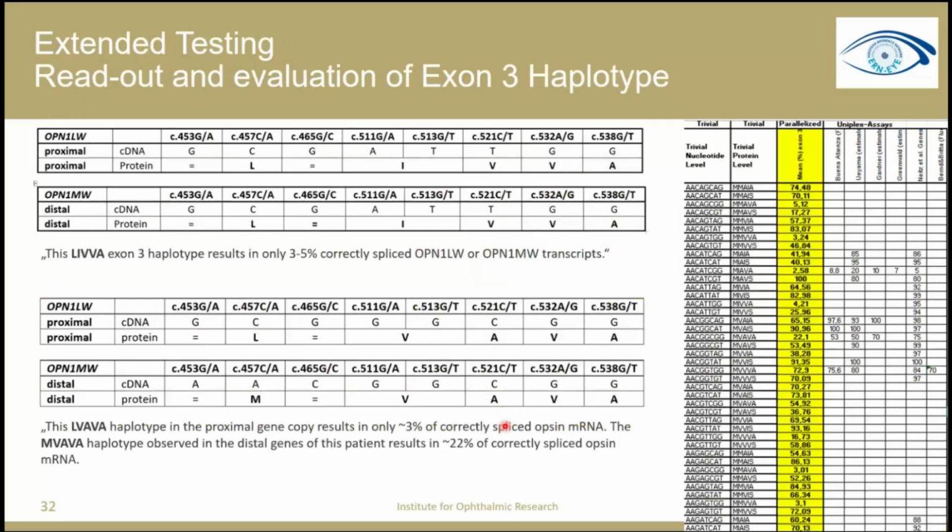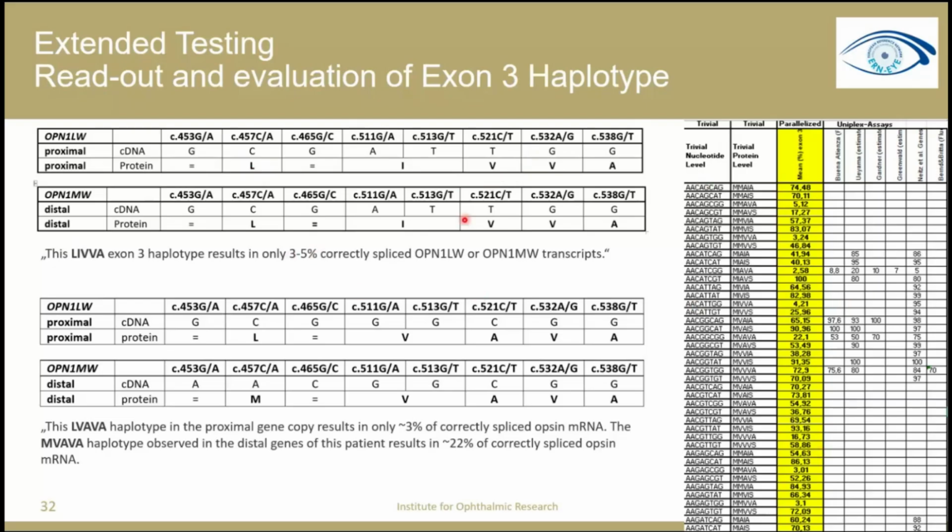Last but not least, we look at exon 3. On the one side, for the red opsin gene, which we call the proximal gene, and on the other side of all green gene copies, so the distal ones. And we read out first the nucleotide level because it's easier to perceive. We translate it into the protein situation. Also, we know the defect is not on the protein level.